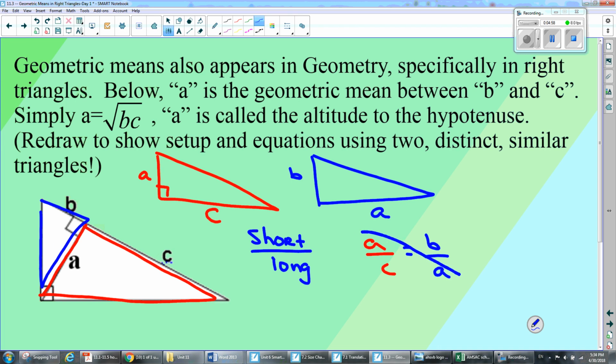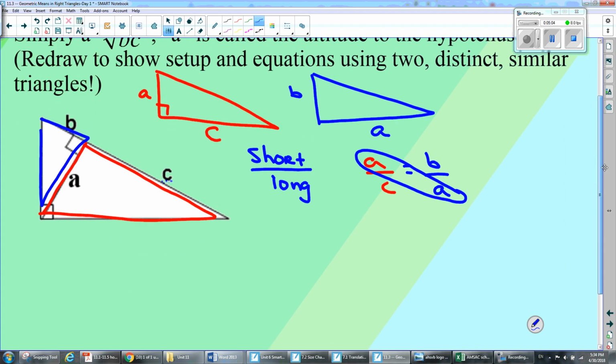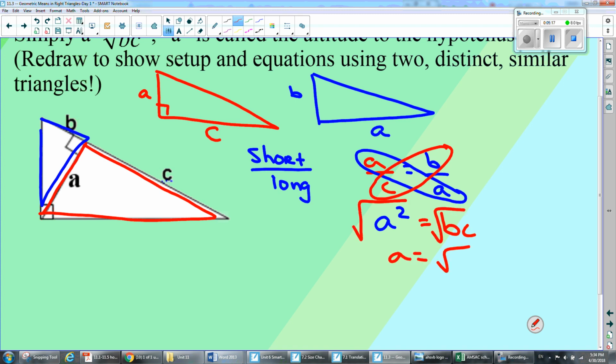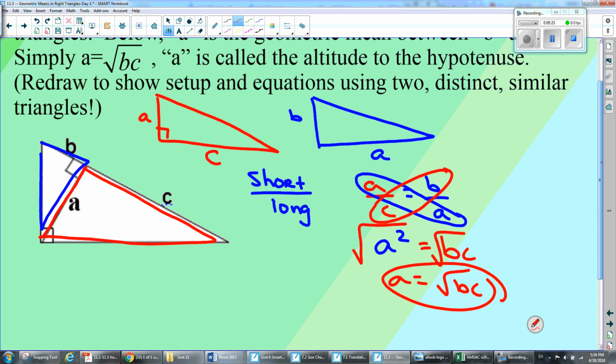We have the same number in the numerator as the denominator. When I cross multiply, a times a gives us a squared. Other way, b times c. So to solve for a, we'd have to take the square root of b times c. That's what they just said here. That was kind of like a mini proof.